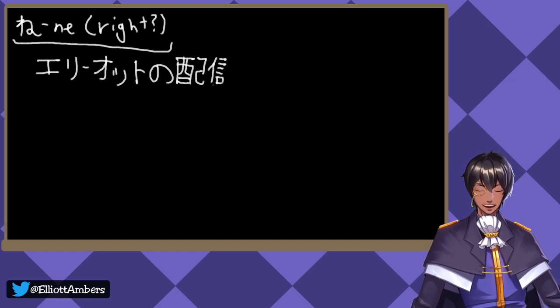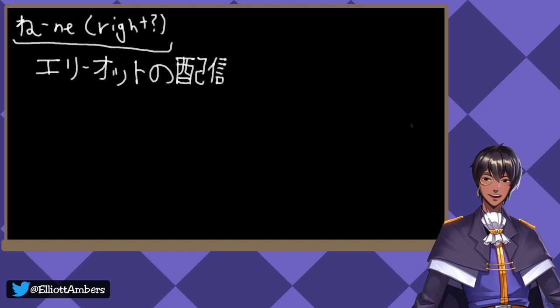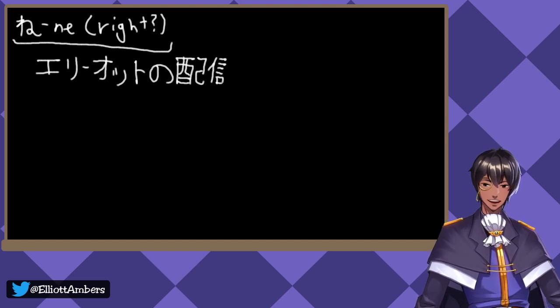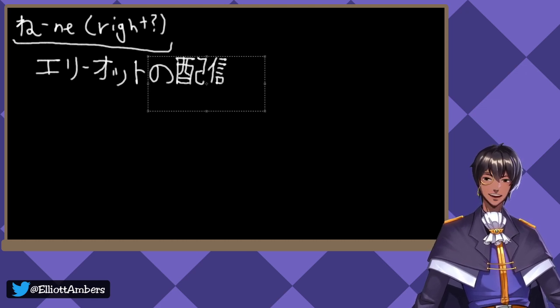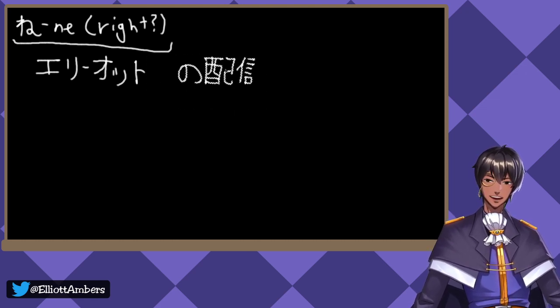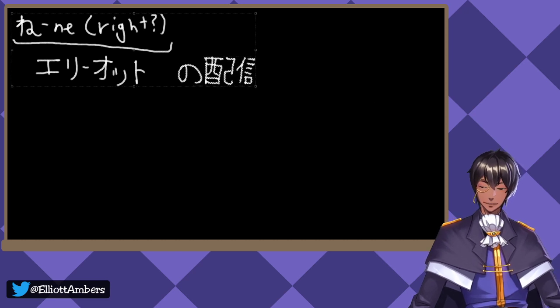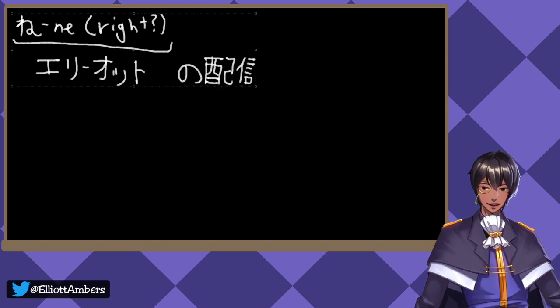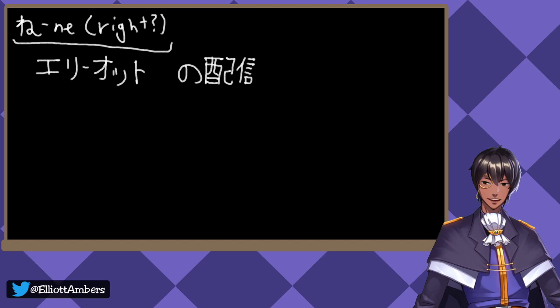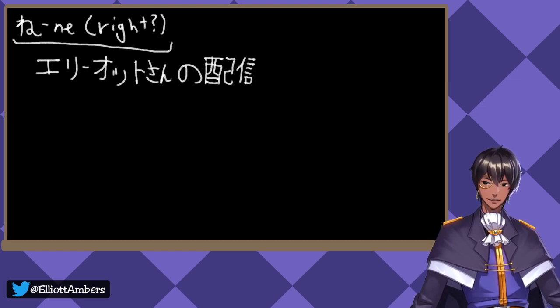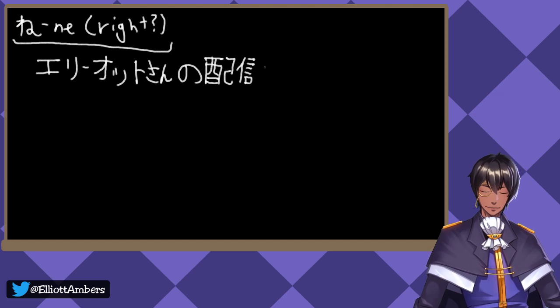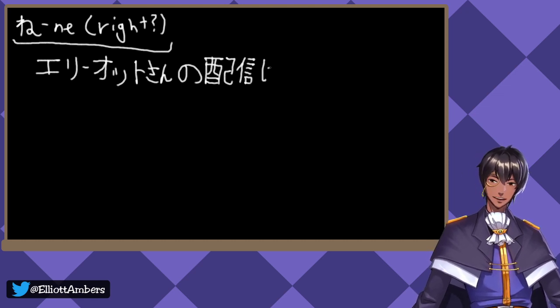Erioto no haishin. Oh, I should actually remember to put an honorific after my name in this case, if I'm referring to myself in the third person. Just for proper form, I'm going to do that. It would probably be irresponsible for me to drop that. Erioto-san no haishin wa.